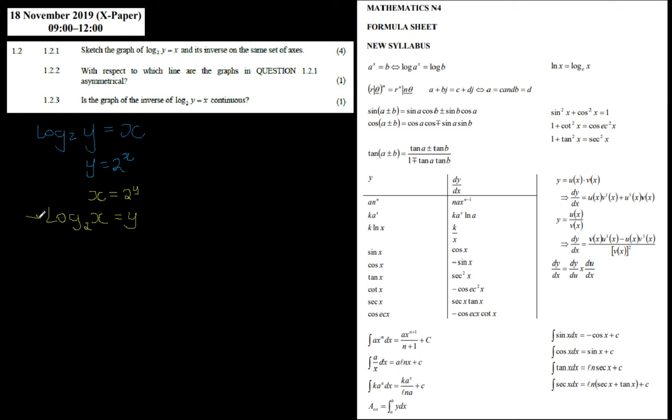So we're going to draw the logarithmic graph, again similar to the first one, and we're going to draw the exponential graph on the same set of axes. With exponential graphs and logarithmic graphs, if you have memorized how to draw them from just looking at the equation, it's good.